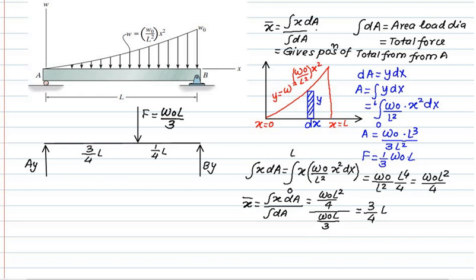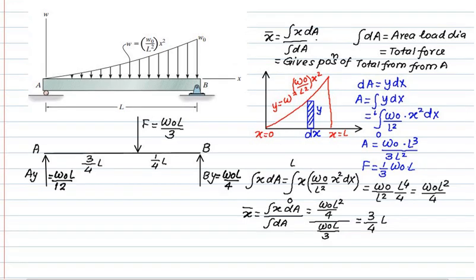We need to find out reaction AY and reaction BY, with the total load F, w0 L by 3, at distance 3 by 4 L and 1 by 4 L. You can find out AY and BY by taking the moment about point A and about point B, or by using sigma Fy equals 0. Try this and find out the two reactions. So reaction AY is w0 L by 12, BY is w0 L by 4.